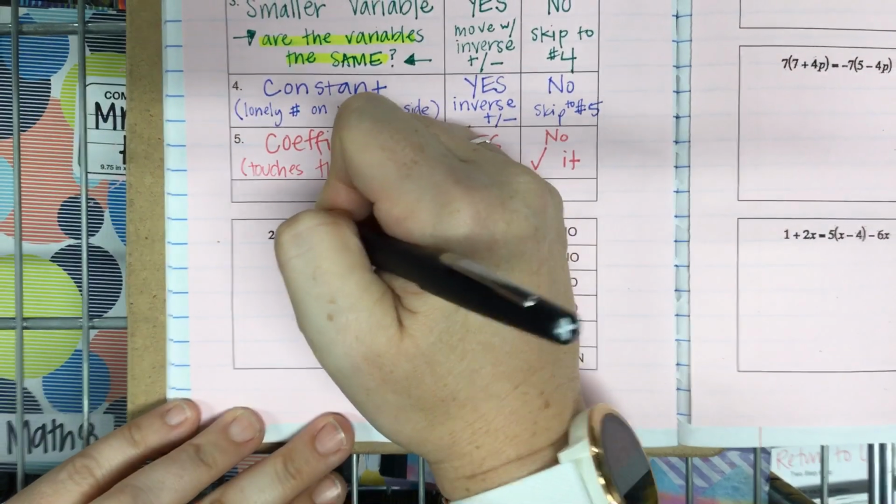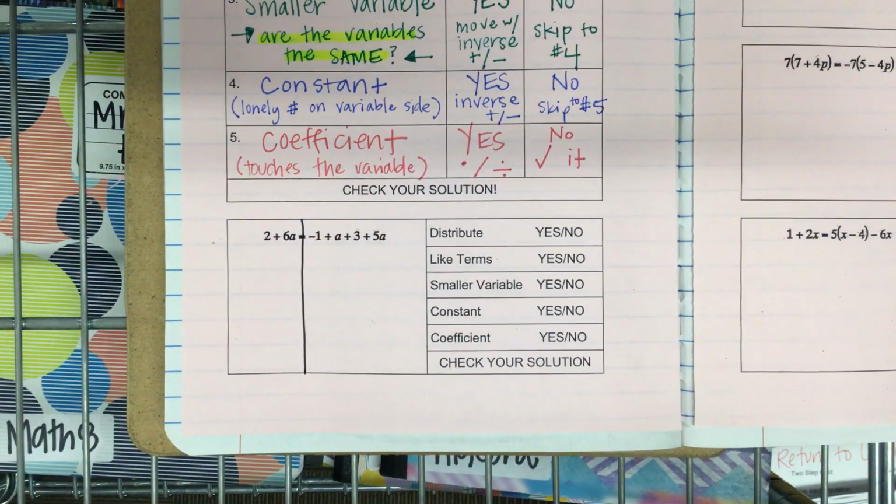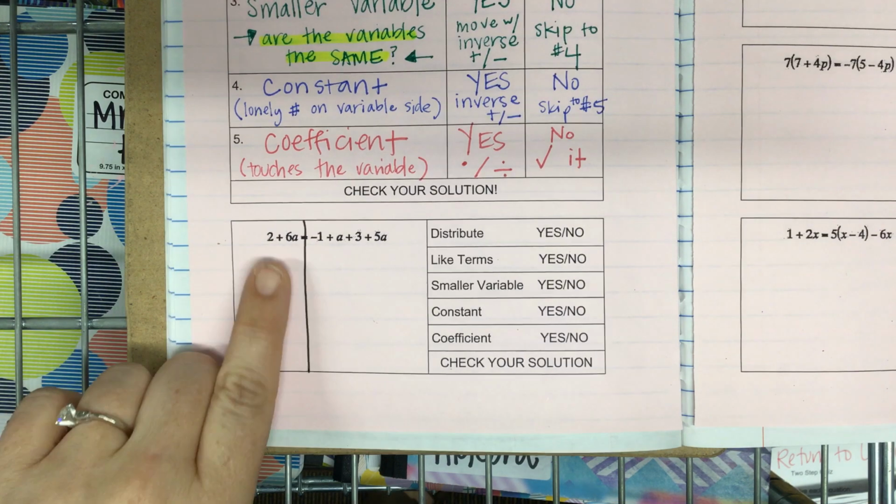All right, going to this practice problem. Question number 1, are there parentheses? No, there are not parentheses. Number 2, are there like terms? Yes. Are there like terms on the left side?